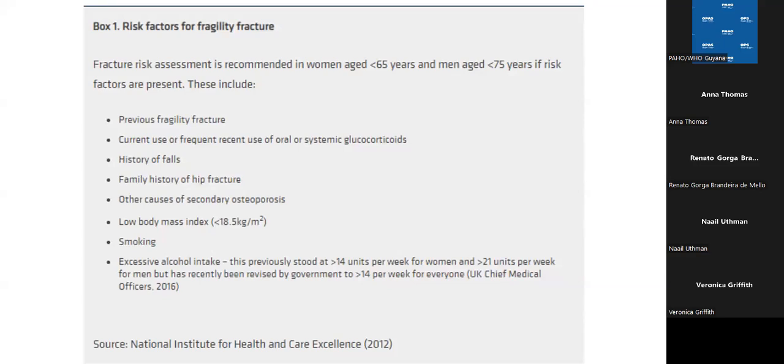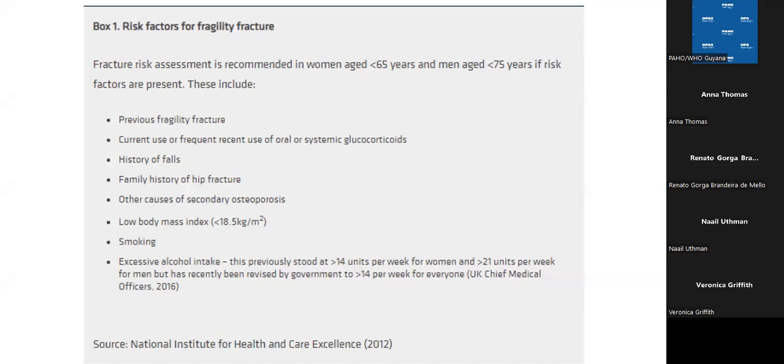Current use or frequent recent use of oral or systemic glucocorticoids is a major risk factor for fractures. History of falls is an important risk factor, as is family history of hip fracture or fragility fracture. Of course, low body mass index and low bone mineral density are important risk factors for fracture.